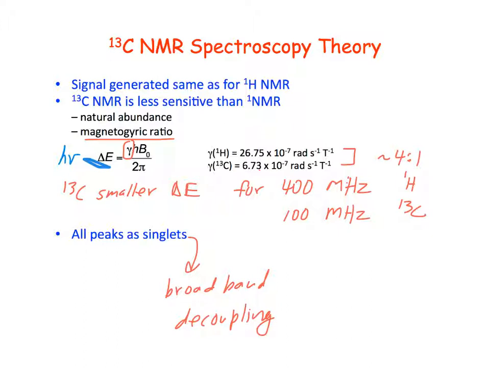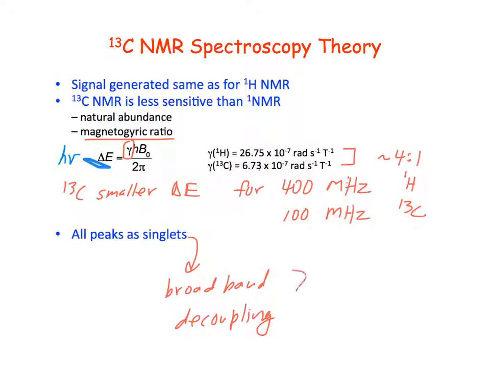Irradiate one proton and remove the coupling on its coupling partner, and it collapses the signal. But in this case, we're going to irradiate all of the protons in the molecule and remove the coupling to the carbons. That's what makes the carbons all show up as singlets.